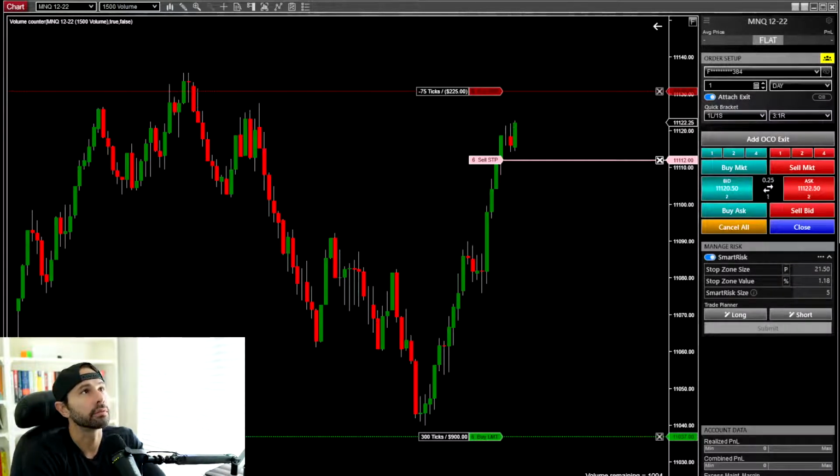So the 7 minute is not bad. It's good, but the tick chart keeps going higher, but hasn't broken the open though. If we break to the upside, then we never got into this trade.